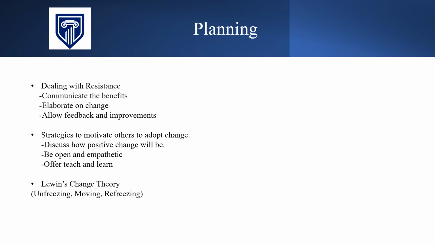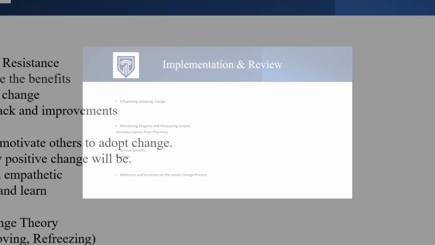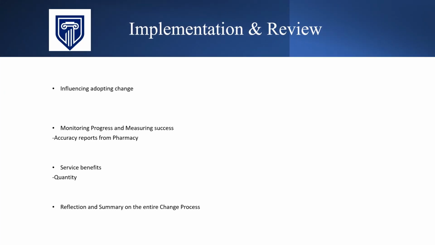And then for refreezing, evaluation: after implementing the process and giving the 6-month evaluation, I would go back and see what worked and what didn't work, and possibly I would review the evaluation and see what changes can be made to the process. And review.